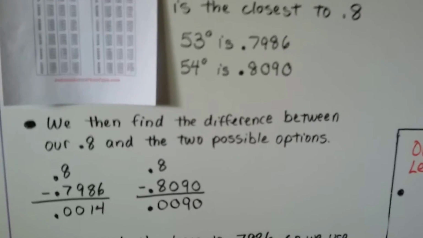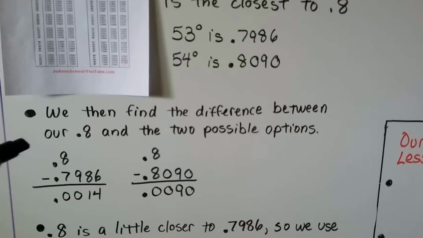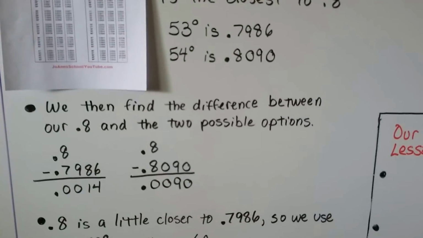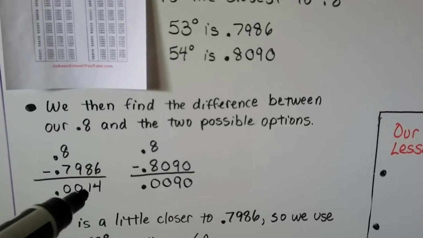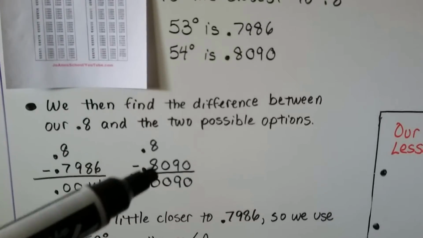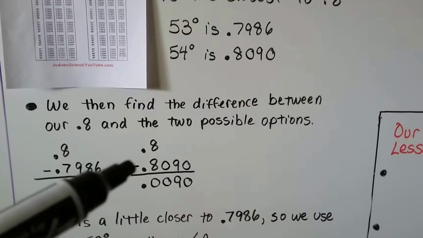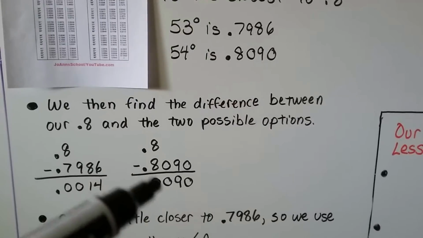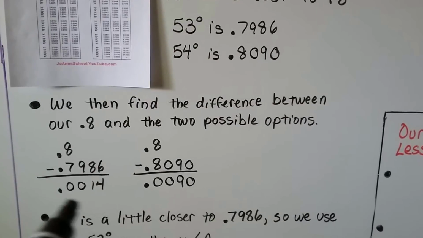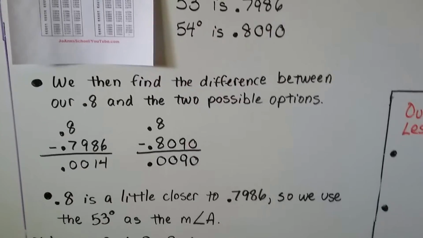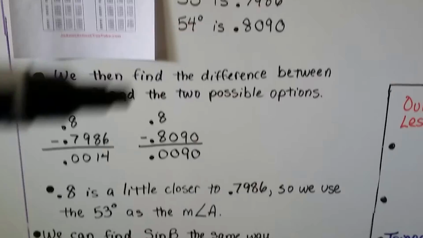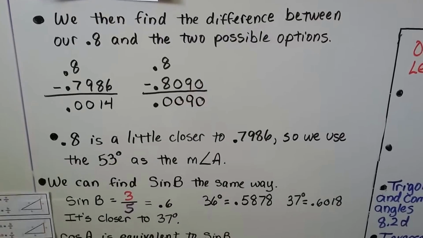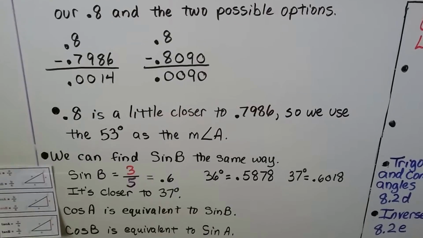So what we do is we find the difference between our 0.8 and the two possible options. For the 0.7986, there's a difference of 0.0014. And for the 54-degree one, 0.8090, there's a difference of 0.0090. Well, that 1 is much smaller than that 9. So it's going to be much closer to this 53 degrees as the measure of angle A. So that's the one we would use.